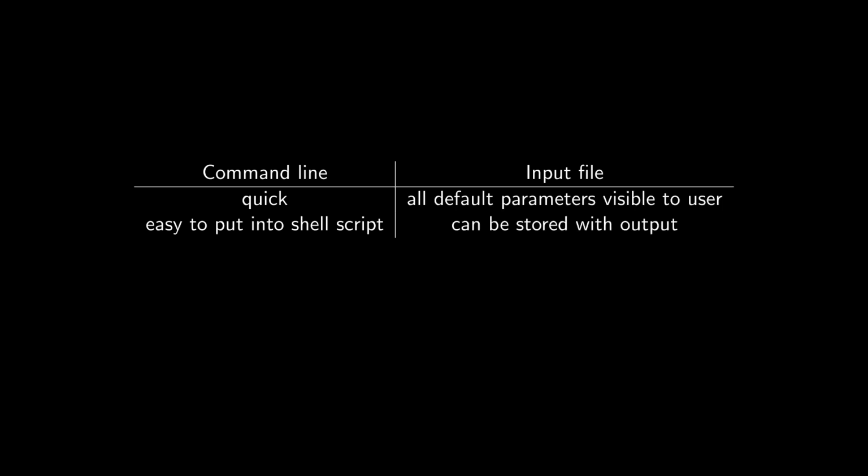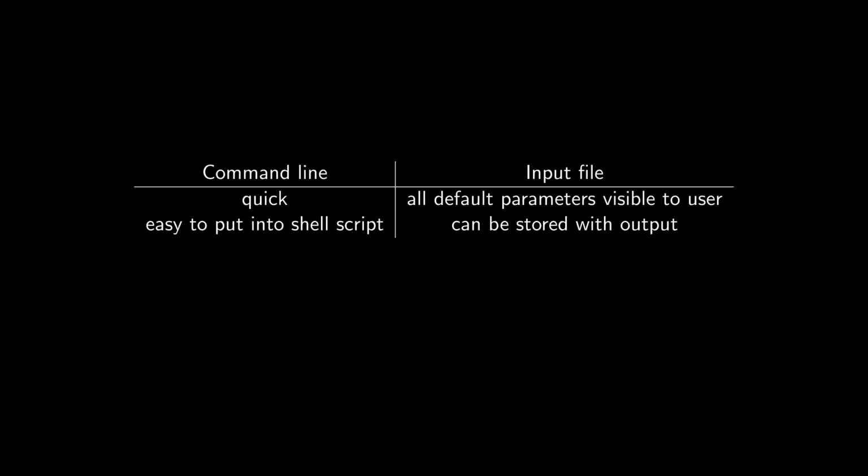However, using an input file allows you to see all of the default parameters at once, and you can very simply copy your input file and store it with the output. So that if you go back to your experiments later, you can always see what exactly you've done.